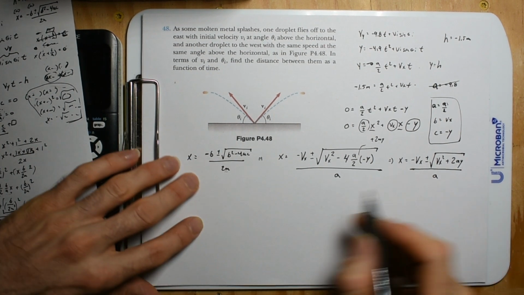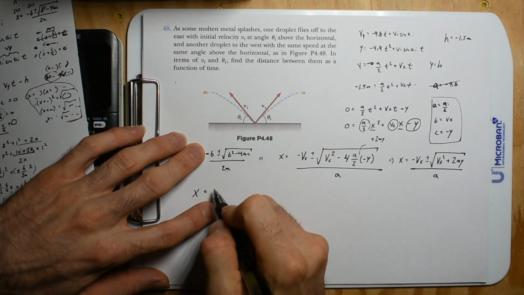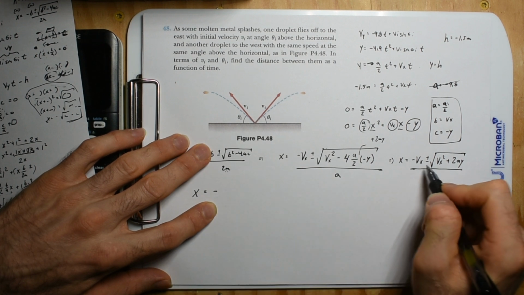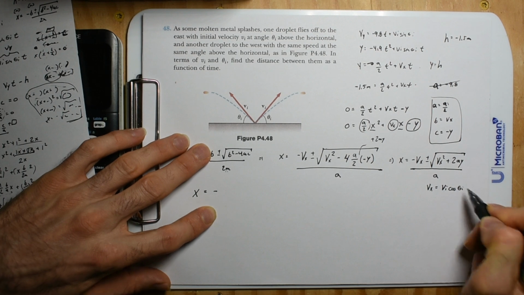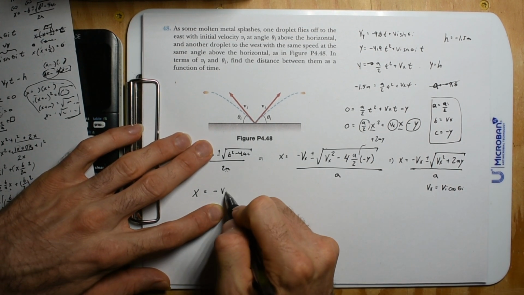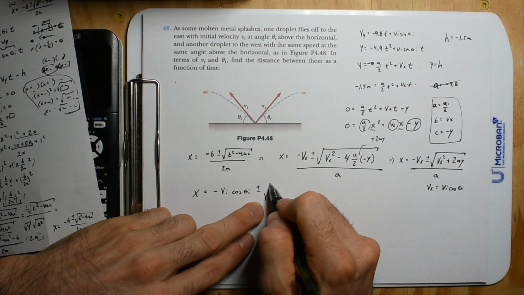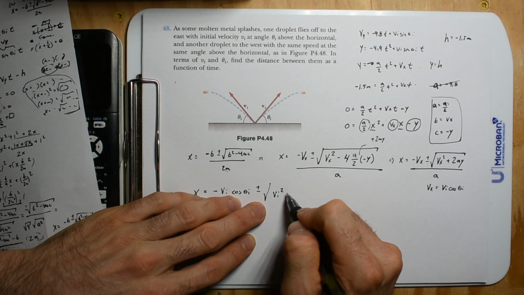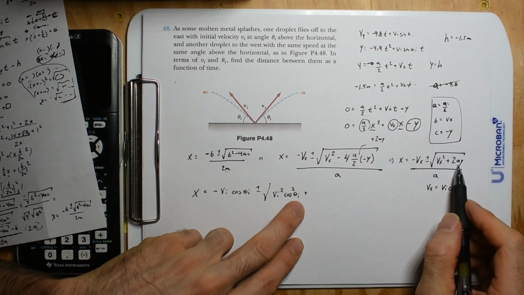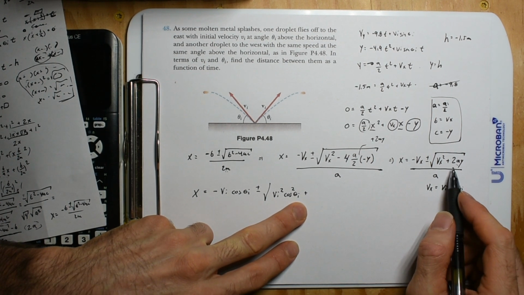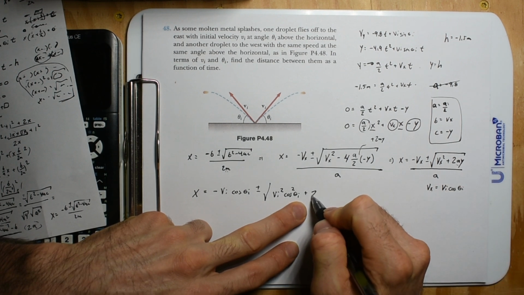All right, so we just do it. In our problem, Vx is velocity initial cosine theta initial. So x is equal to negative velocity initial cosine theta initial plus or minus the square root of velocity initial squared cosine theta initial squared plus 2ah.